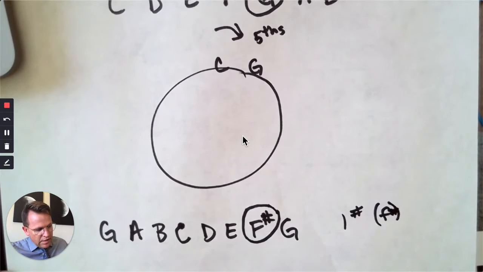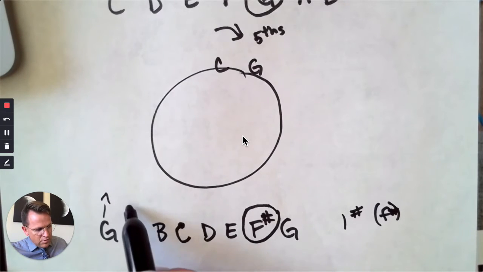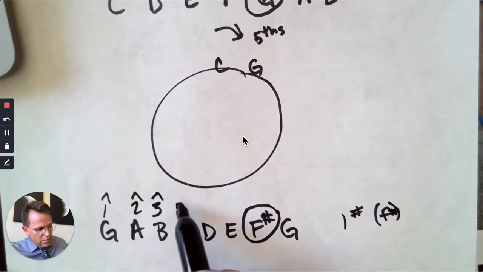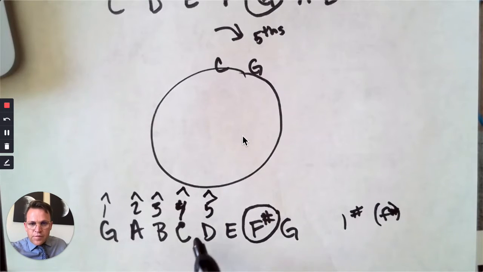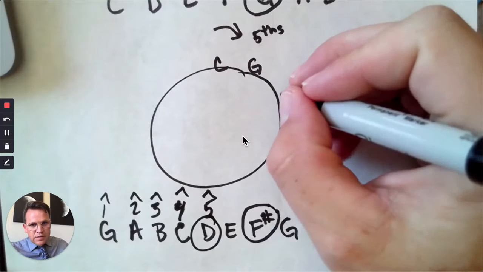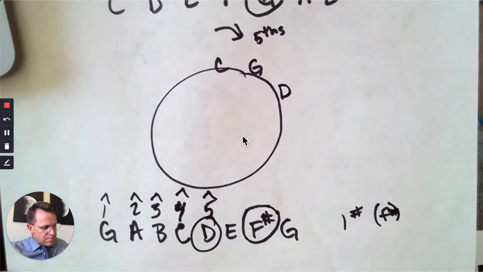Now in this one, again, I can label each scale with its scale degrees, 4 and 5, like that. And again, I'm going to move up to the 5th one, scale degree 5, and that's going to give me my next key around the clock face.